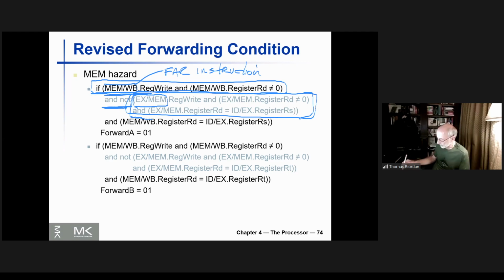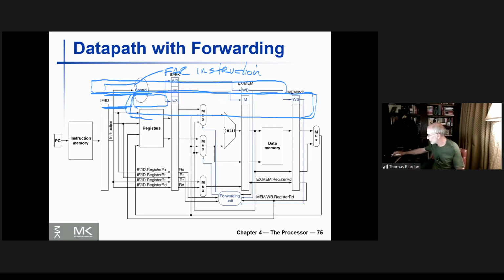So bypass from far away only if you don't want to bypass from near, where near and far just means one cycle or two instructions away. All right. So that's the extent of our big ugly equation.